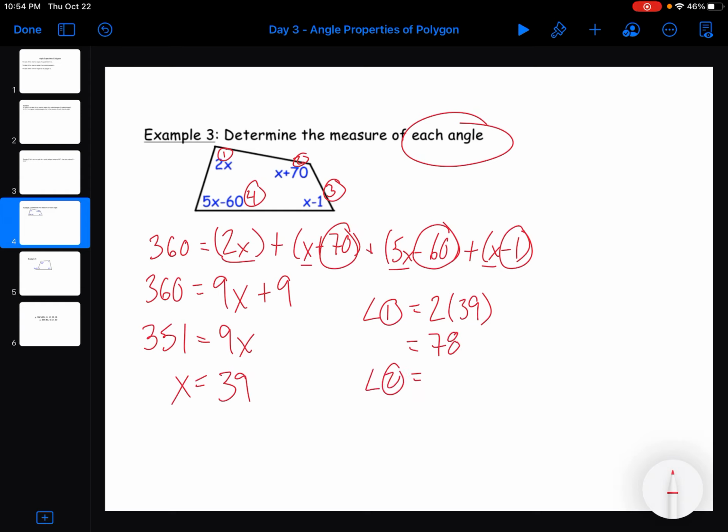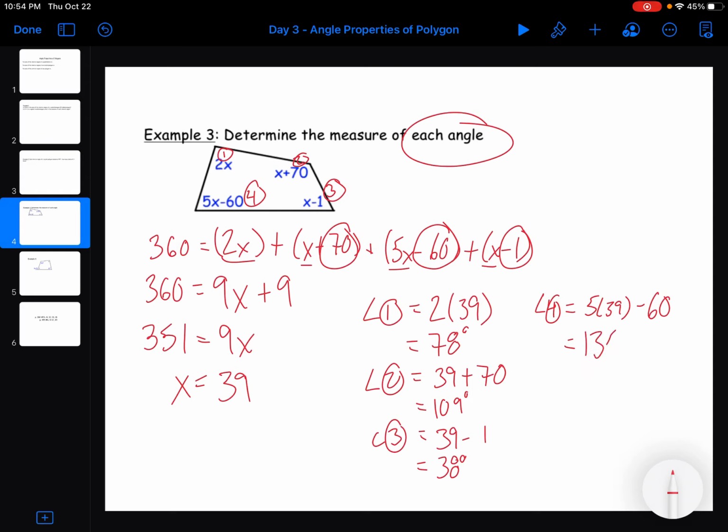Angle 2 is 39 plus 70, which is 109. Angle 3 is 39 minus 1, which is 38. And angle 4 is 5 times 39 minus 60. Now 5 times 39 is 195 minus 60 is 135.